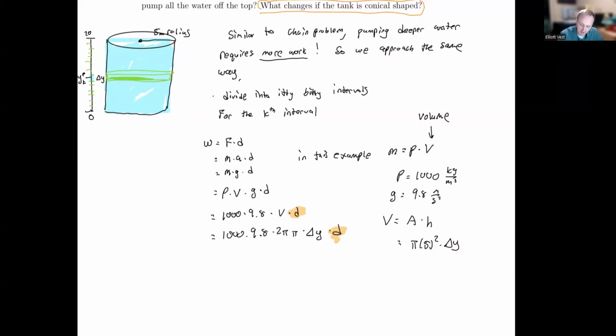The distance to take this slice to the top is this right here, or 20 minus this yk amount. So 1,000 times 9.8 times 25 pi times, I'm going to change d to be 20 minus yk star, times change of y.